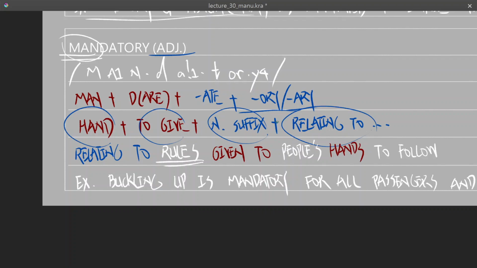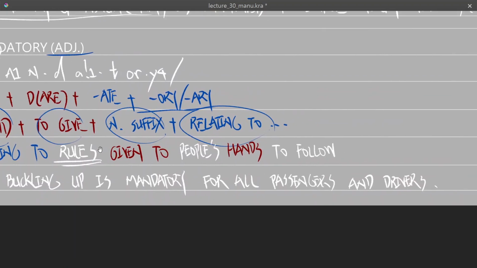Alright, buckling up is mandatory for all passengers and drivers.